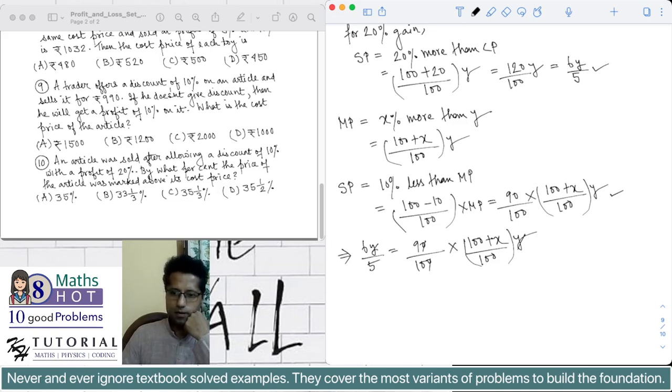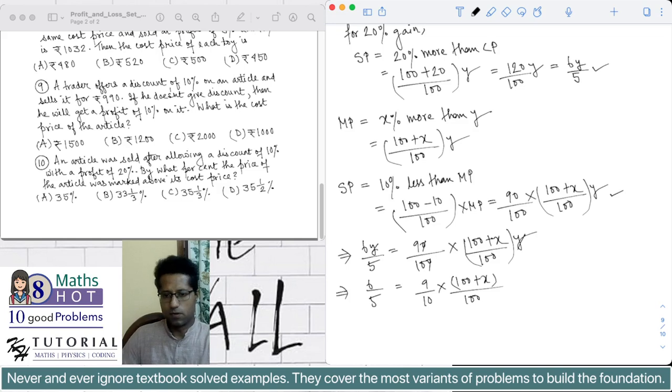So let's do it a little step by step. 6 by 5 is equal to 9 by 10 multiplied by 100 plus X divided by 100.